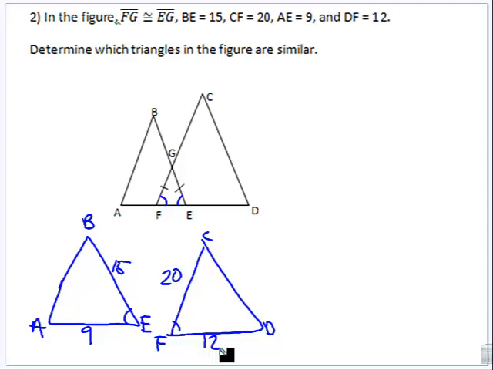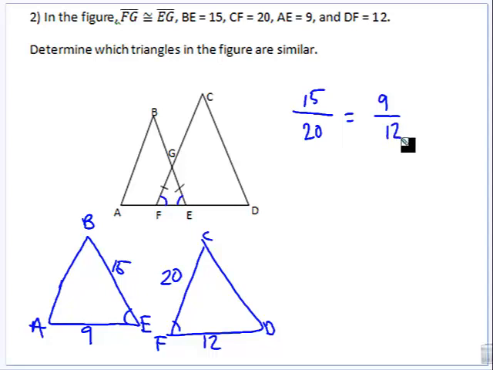So what should I do with my sides to determine if these are similar or not? Put them over each other. So 15 corresponds with which one? 15 over 20. Does this equal, then we have to go to 9 over 12.